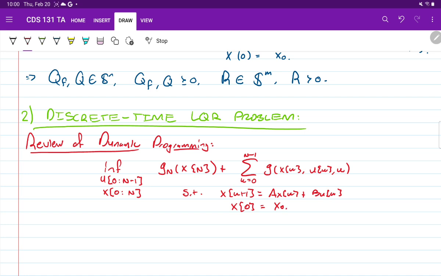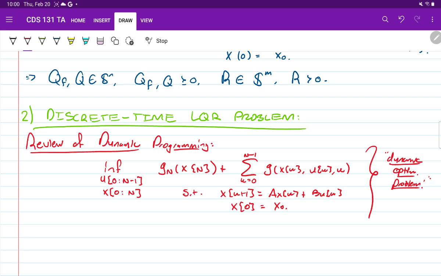So where does dynamic programming fit into the solution of this optimal control problem? Well, it's motivated by the following idea. If we take one of these abstract problems and try to solve it straight up, that's really hard to do, right? So this is a dynamic optimization problem, which is to say, we have this state equation embedded in there, right?